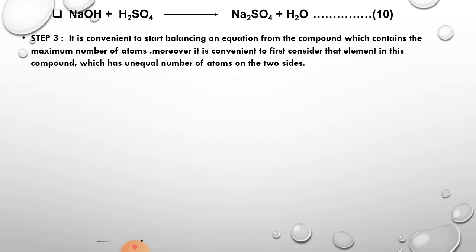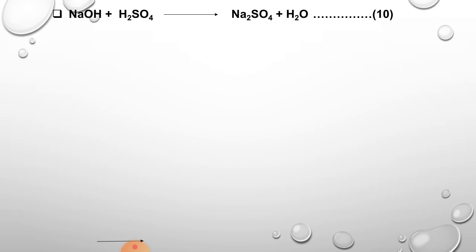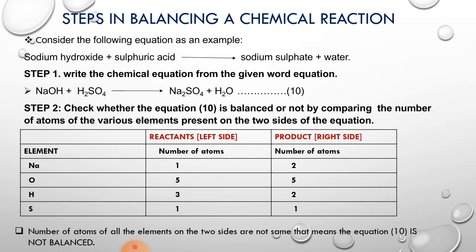As we have seen on the last slide, Na and H have an unequal number of atoms, 3 and 2.